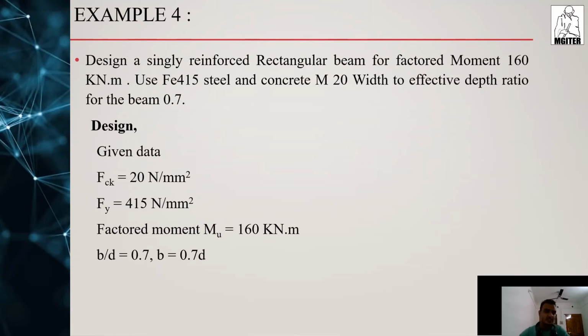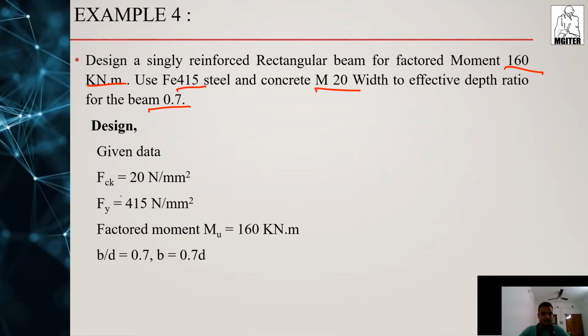Okay, the second example here: design a singly reinforced rectangular beam, factored moment 160 kilonewton meter. Here the moment is directly provided, so we don't need to calculate Mu. Mu is given. And look at here, use Fe415 steel, and the effective width to depth ratio of the beam is 0.7.